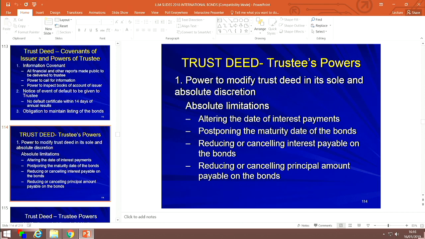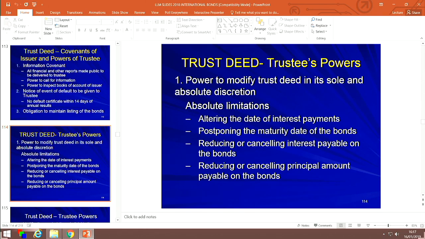In other words, the very document which appoints the trustee and confers its power can be amended by the trustee in its sole and absolute discretion. It's not as crazy as it sounds because in the grant of this power to the trustee to amend the trust deed, there are absolute limitations, i.e. things the trustee cannot do.